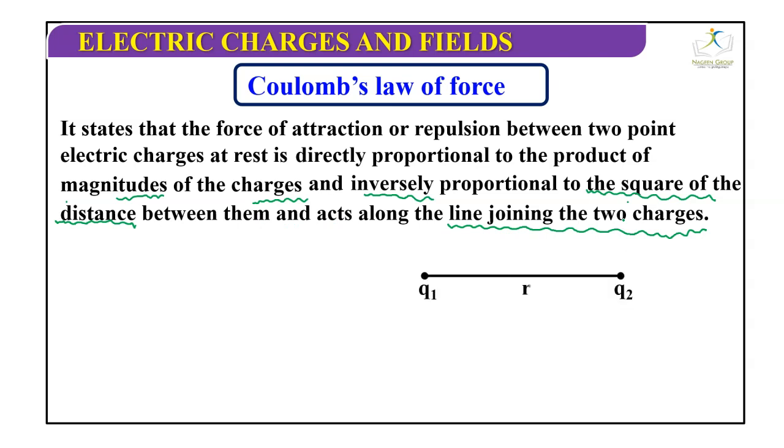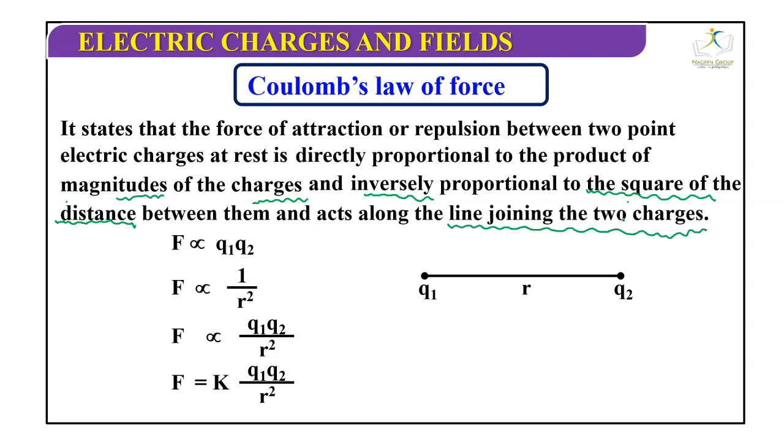Okay, so we have two charges at distance r, so F is directly proportional to q1 q2 and inversely proportional to the square of the distance between them. So we can say F is directly proportional to q1 q2 by r square. If this proportionality sign is removed, a constant k comes in, and the value of k is 1 by 4 pi epsilon naught.